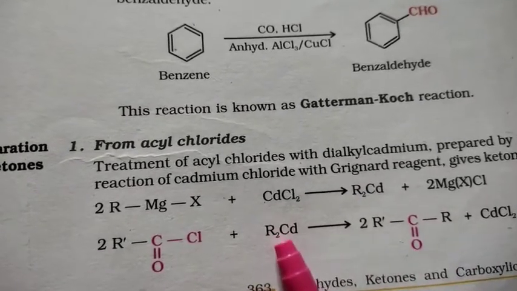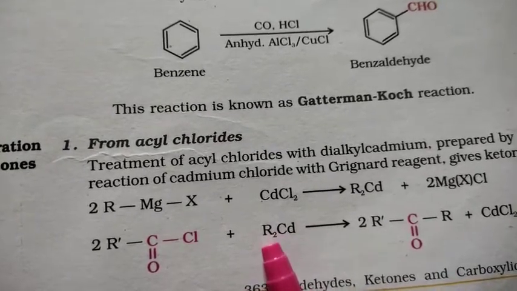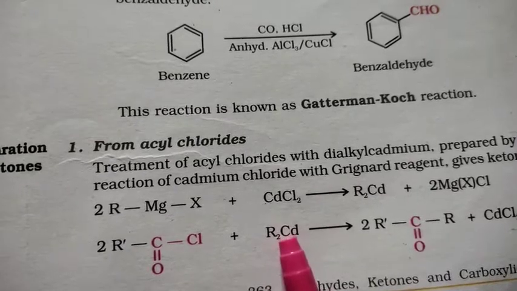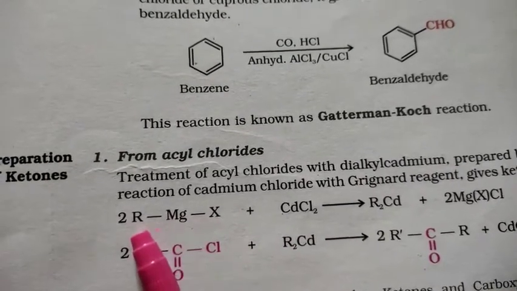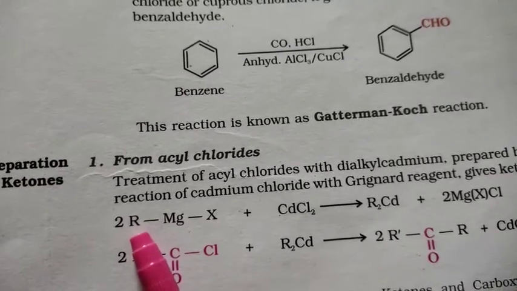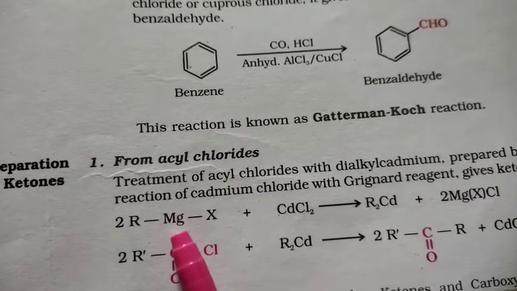But for that we have to undergo one more reaction, for which we are going to prepare the dialkyl cadmium, and this can be prepared by Grignard reagent, which is RMgX. R, you already know, is an alkyl chain, X is the halide, and Mg is magnesium, right?